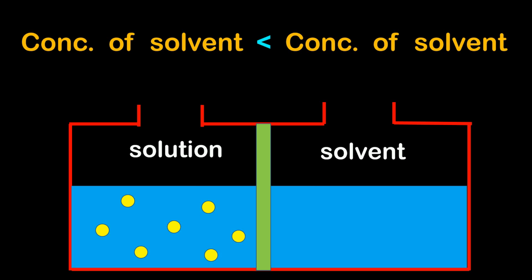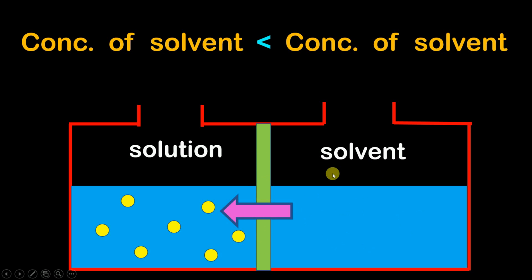Now, because of this, the solvent molecules are going to travel from right hand side to the left hand side of the container through this semi-permeable membrane.